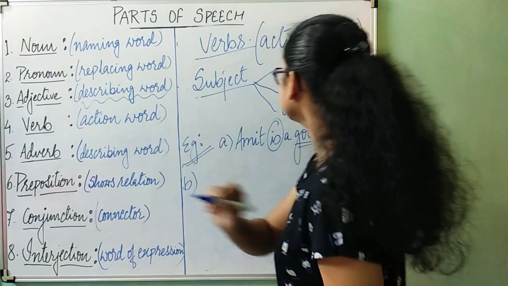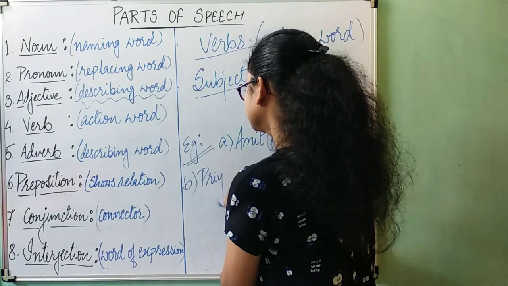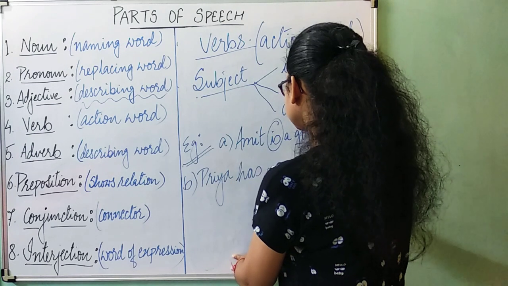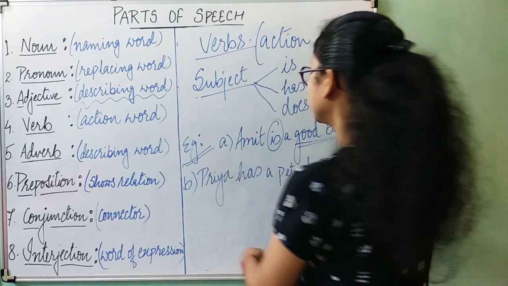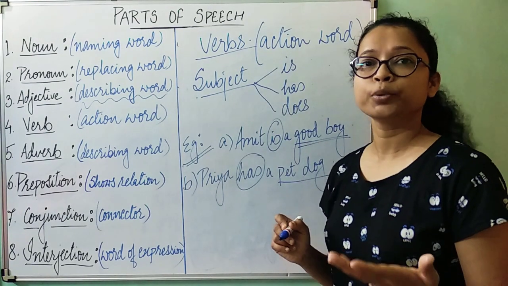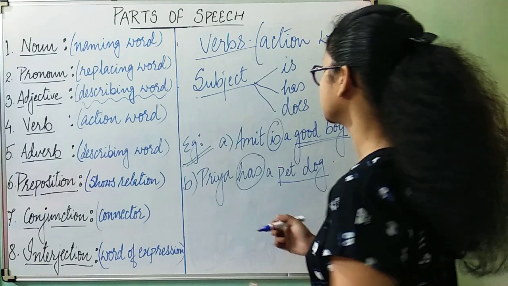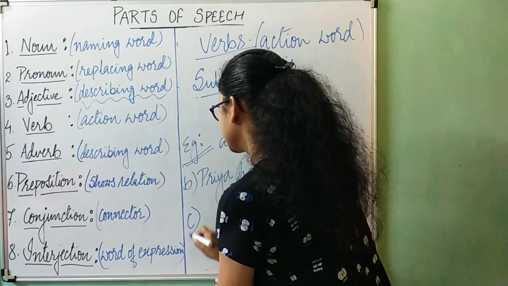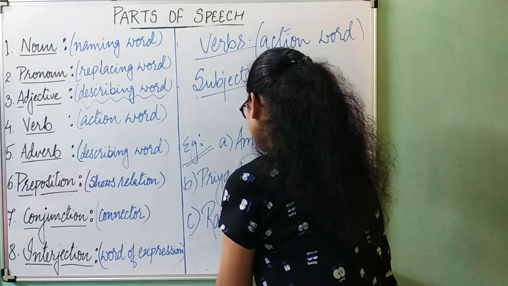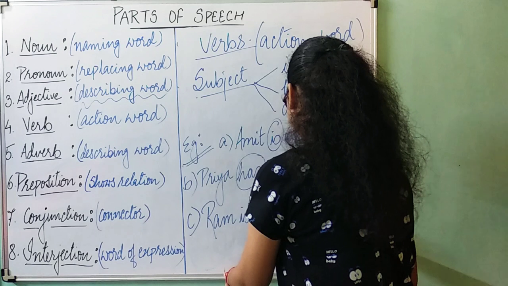Next, Priya has a pet dog. Here, has is showing the possession of Priya. So what does Priya have? Priya has a pet dog. Next is Ram is going to school.